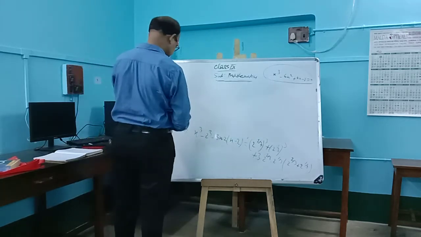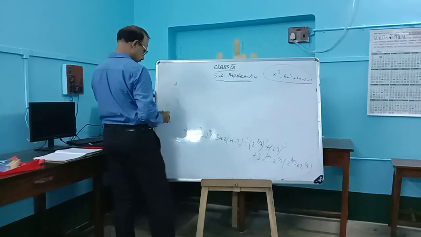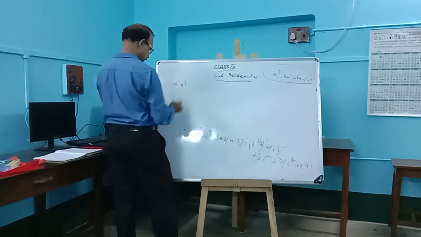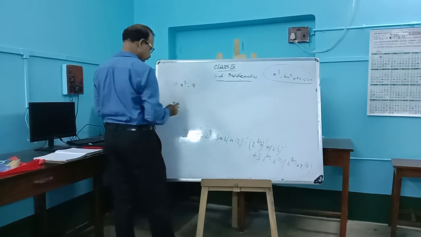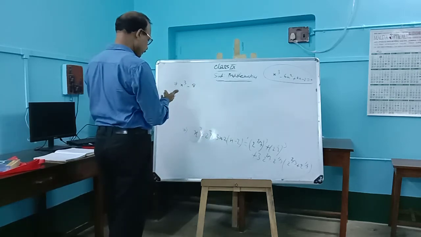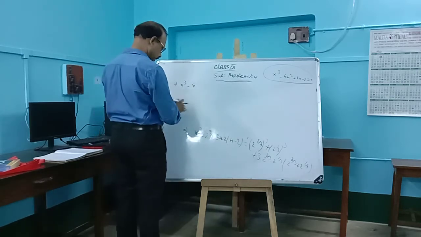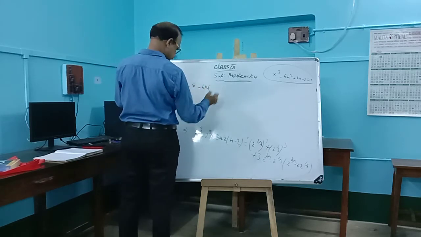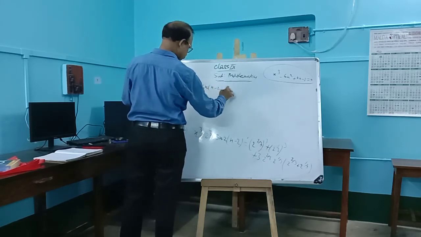Now look here. s cube, 2 cube is 8, minus 6s in bracket s minus 2 equal to.